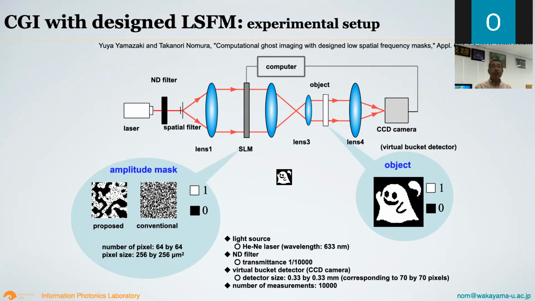The number of pixels is 64 by 64, not so many, because the experiment takes a lot of time with a lot of measurements, so 64 by 64 is a reasonable pixel count. And the object is here, a cartoon ghost.